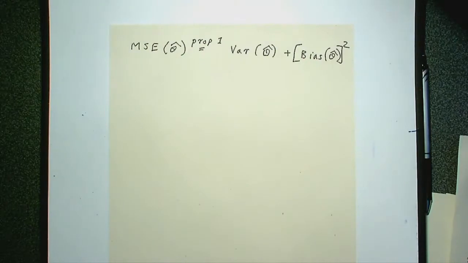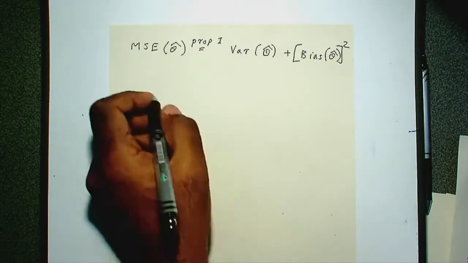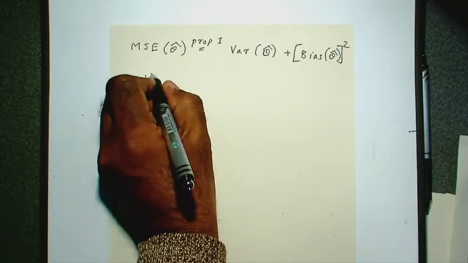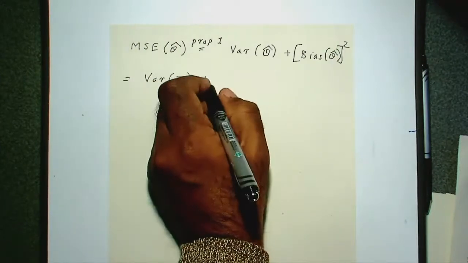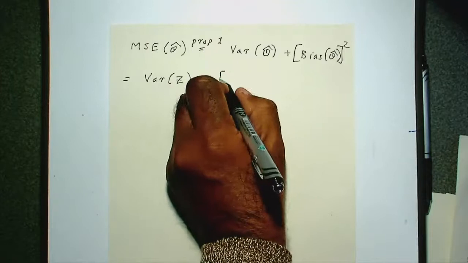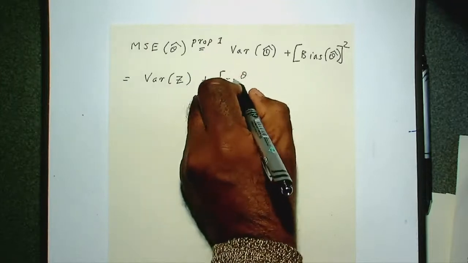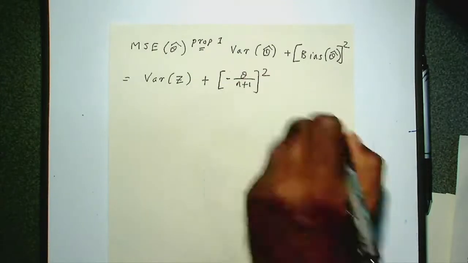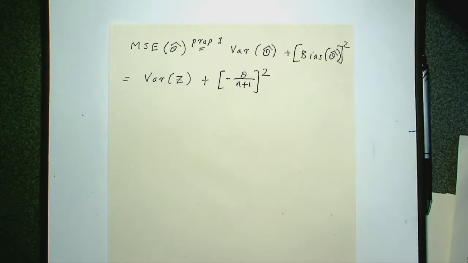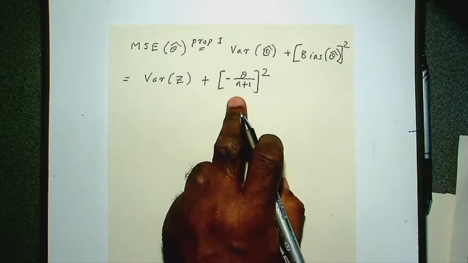So this is going to be the variance of Z plus the bias squared, and this is the bias we got from over there.